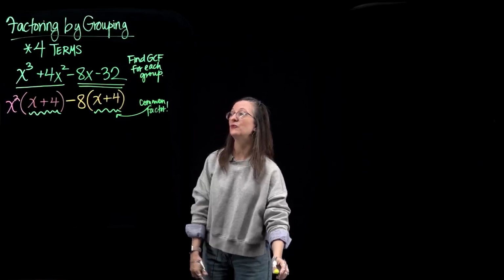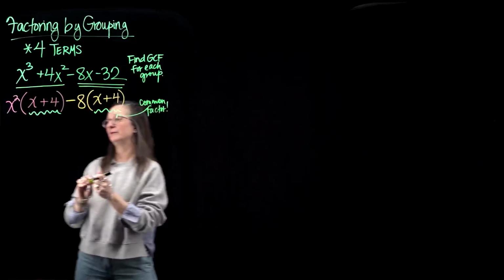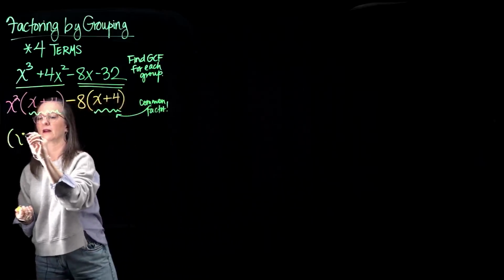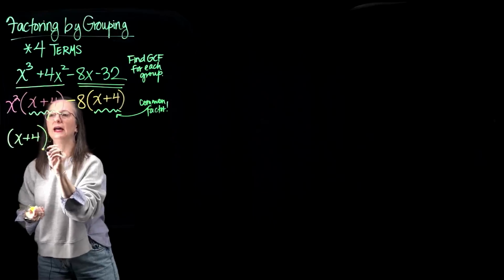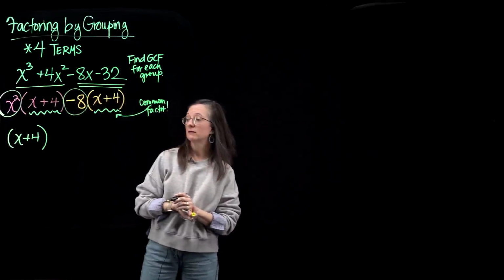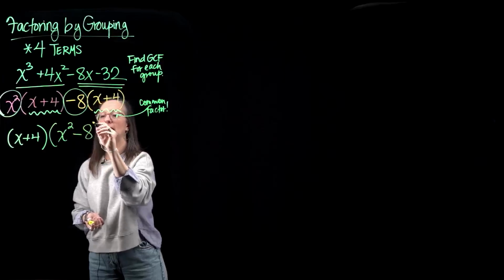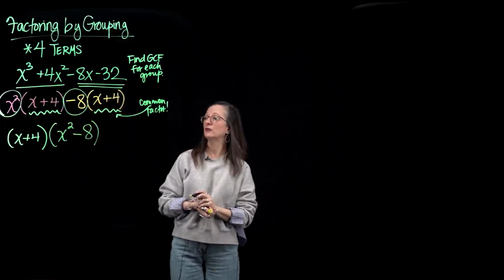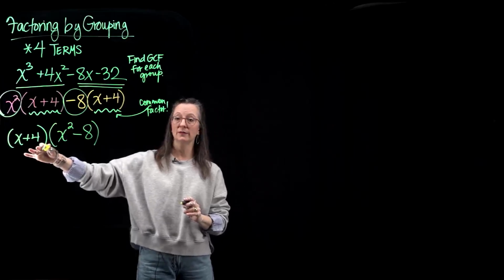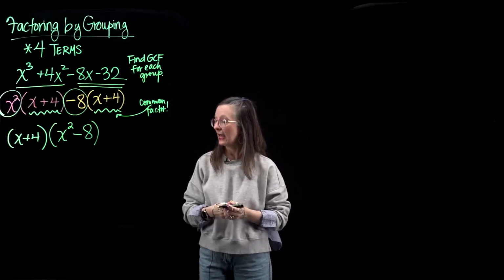So I am going to factor x plus 4 out to the front, and then I'll write down what is left. x squared minus 8. So my factored form is x plus 4 in parentheses times x squared minus 8, also in parentheses.